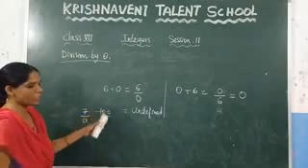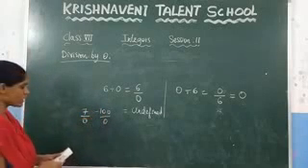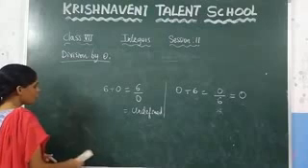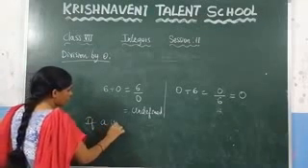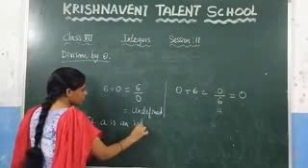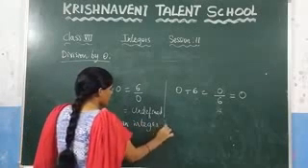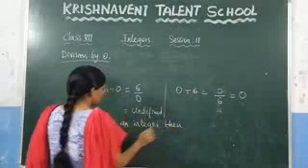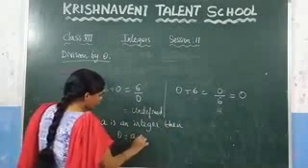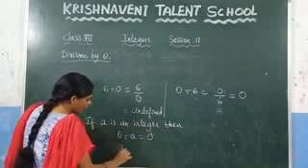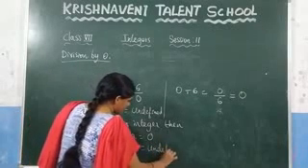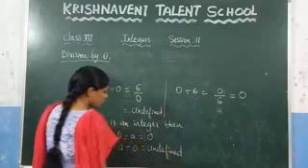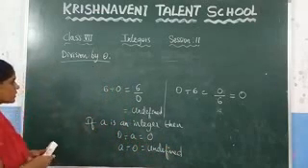That means if the denominator is 0, we can say that value is undefined. Write it in the form of variables. If a is an integer, then 0 divided by a is 0 and a divided by 0 is undefined. This is about division by 0.